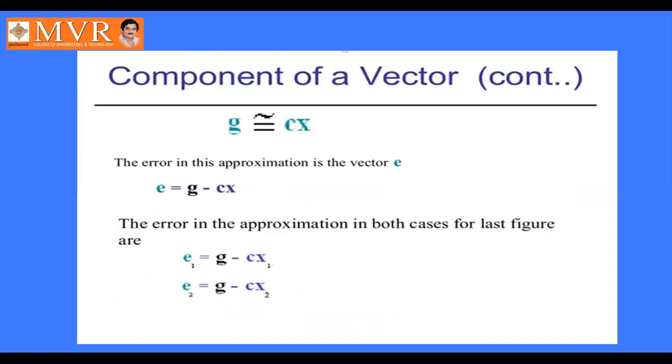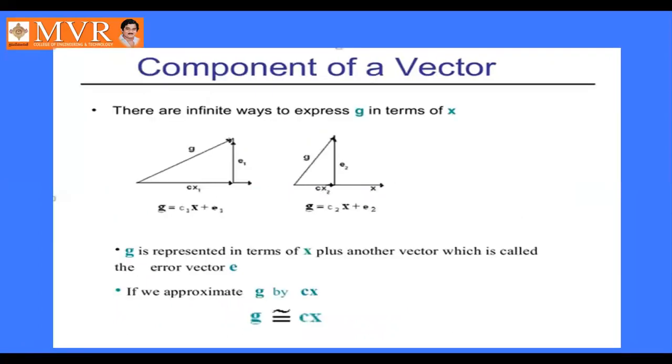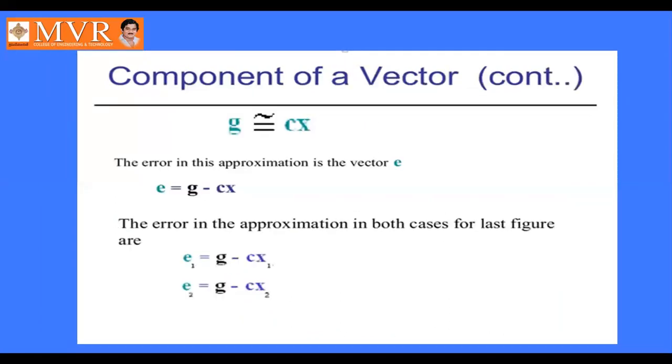Here we are taking two vectors, and if they are perpendicular to each other, then they are orthogonal, and the dot product g dot x becomes 0. Otherwise c will be g dot x by x dot x, which is equal to g dot x by mod x whole square.